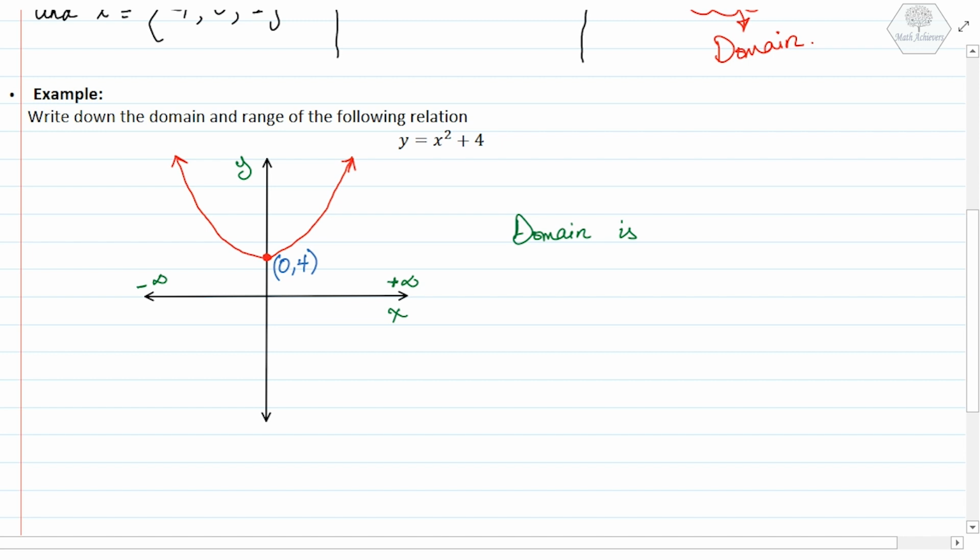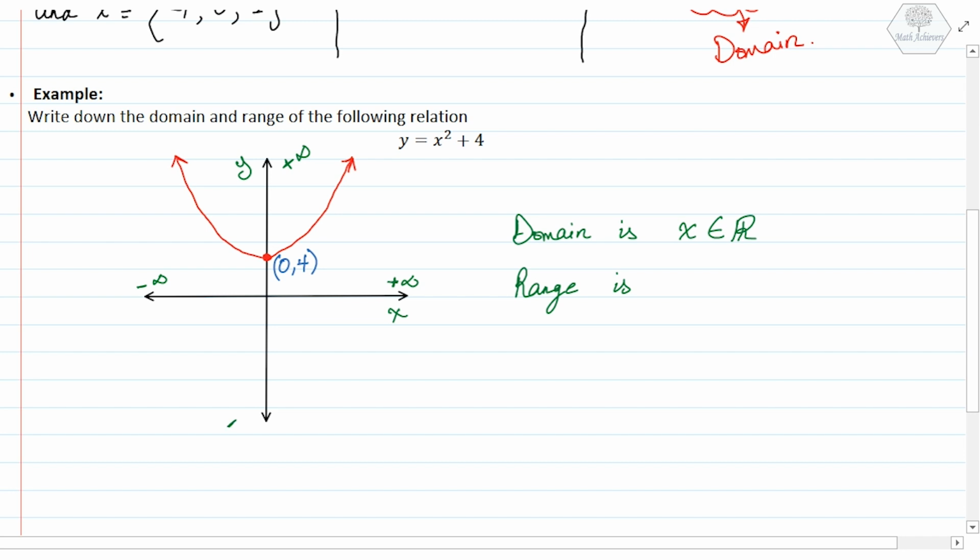So I can say that the domain is x belongs to R, which means that x has all the real numbers. Let's go for the range now. The range we said is the y values. If I go up in the y, having y going to positive infinity, a very large number which is positive, does the curve continue? Yes, it continues.